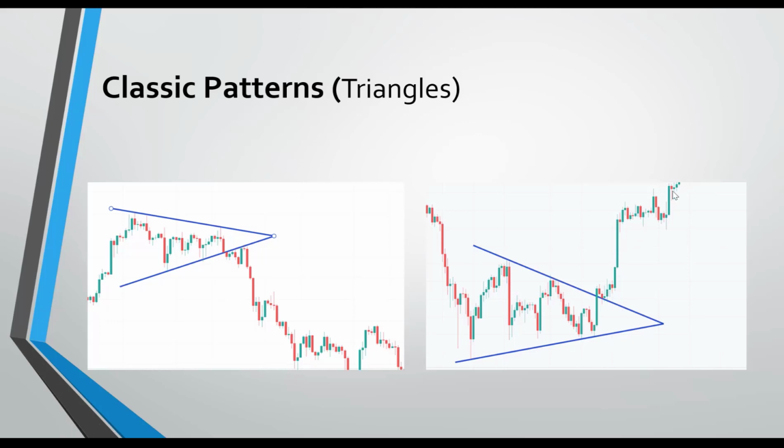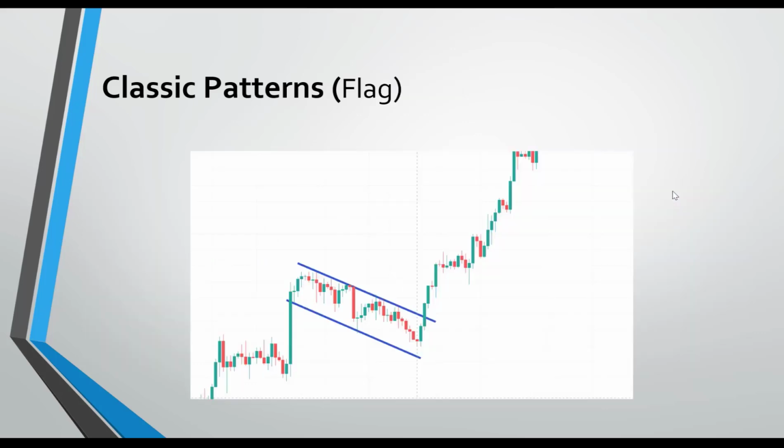All right. And the next pattern which I'm going to explain is called the flag. When you draw the lines of support and resistance, it makes something like a channel. It could be an uptrend or downtrend, no difference.